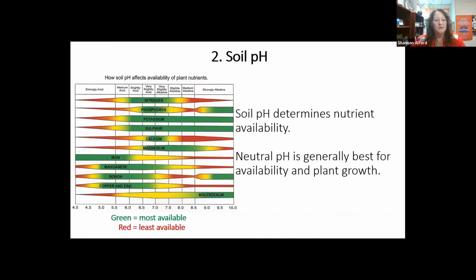If you move over to the right of the graph, you're getting more basic, or more alkaline, and there are some things that have increased availability there. But we're looking for the area where there's the most green, where the nutrient is most available at that pH. And that tends to be, like I said, just a little bit on the acidic side of neutral.